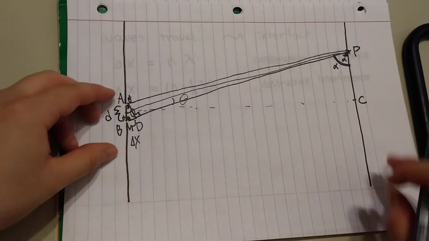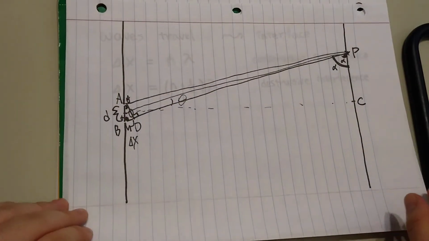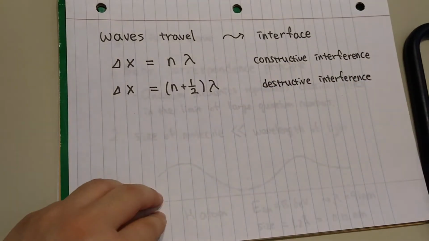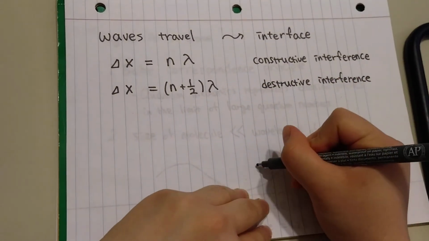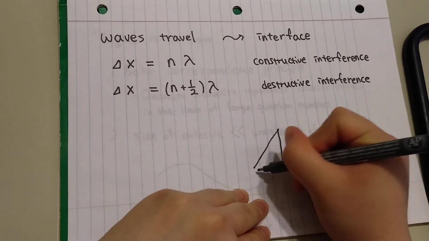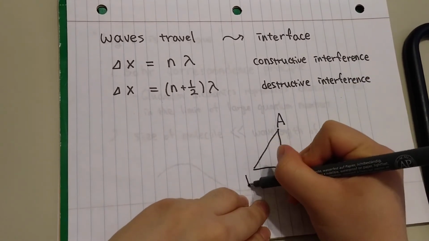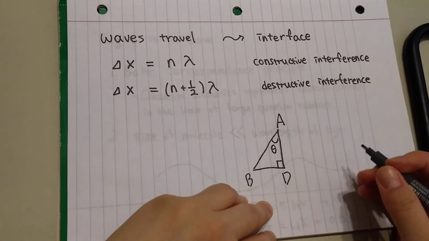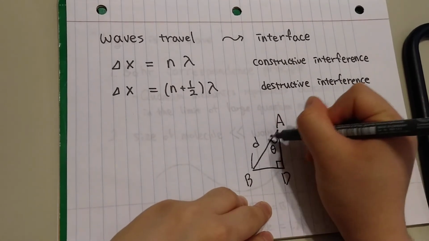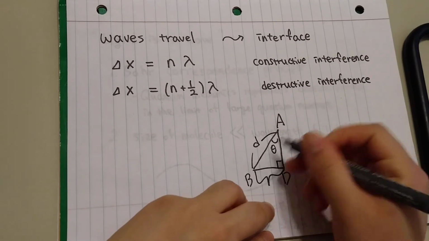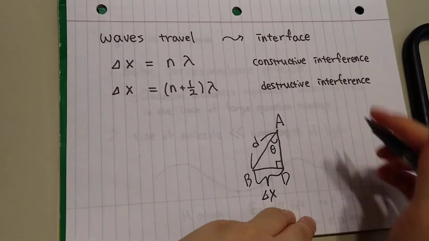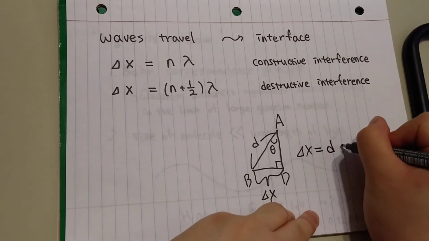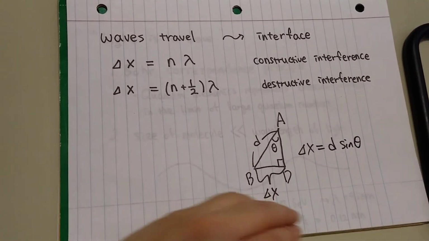So let's look at this triangle in detail. There is A, B, D, with angle theta, distance d, and here is delta X. This delta X is equal to d sine theta.